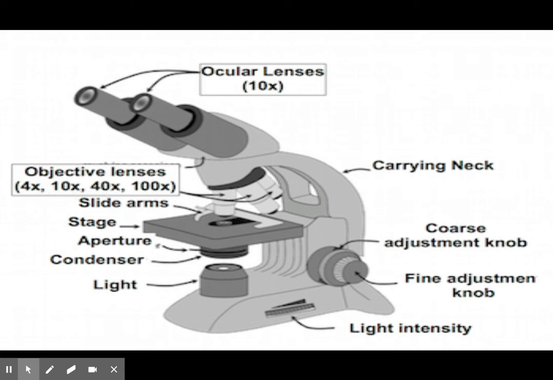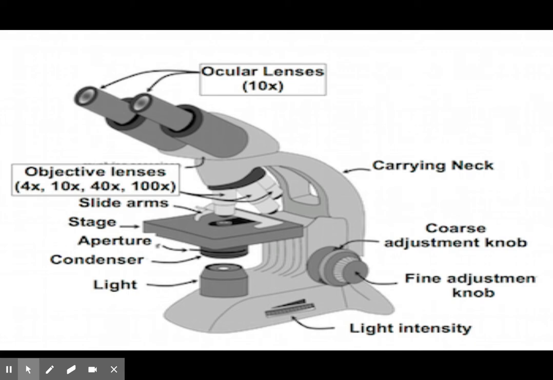So for total magnification, we are going to take the ocular lens and multiply it by the objective lens. So we can only have one objective lens at a time. So the lowest magnification on this compound microscope is going to be the ocular lens at 10 and the objective lens at 4. So 10 times 4 is 40.